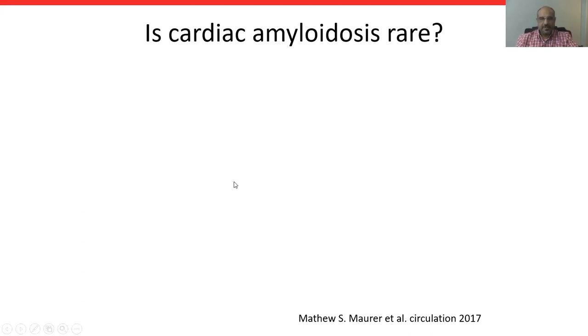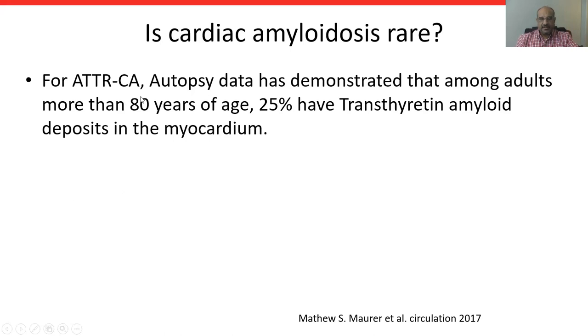But ATTR amyloid, on the other hand, autopsy data have demonstrated that among adults more than 80 years of age, 25% have transthyretin amyloid deposits in the myocardium. So this means that transthyretin cardiomyopathy is a very common disease in the elderly. Almost 1/4 of patients at the age of 80 are having cardiac amyloidosis.